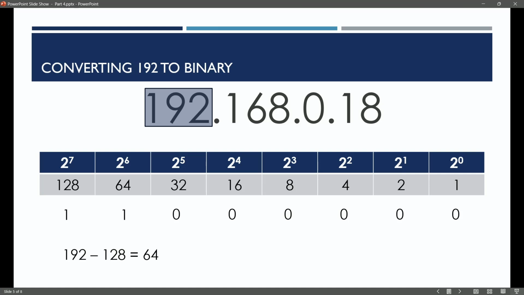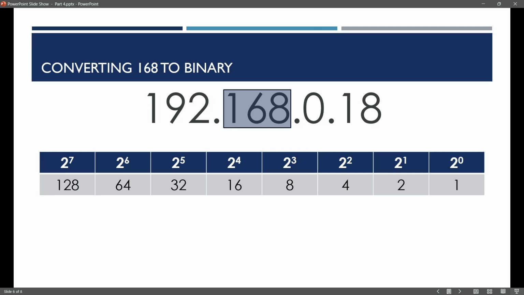So let's take a look at the very next octet that contains the decimal number 168. Same thing. Can we subtract 128 from 168 and not go into the negative? The answer is yes, we can. So we place a 1 in that first bit position. We do our math and we have a remainder of 40. Can we subtract 64 from 40? The answer is no, not without going into the negative. So it is a 0 in that bit position.